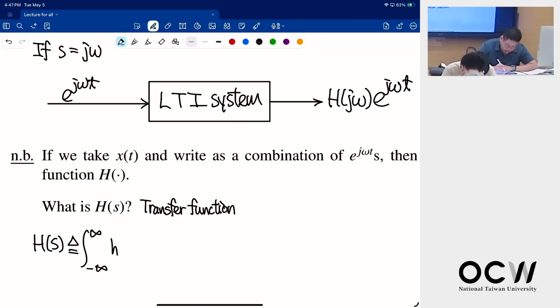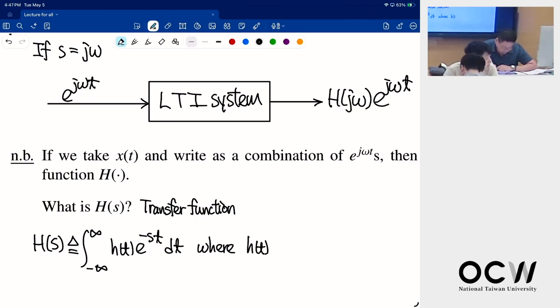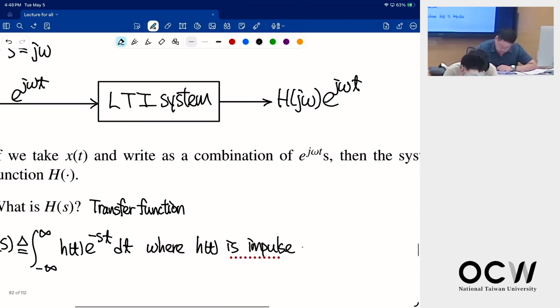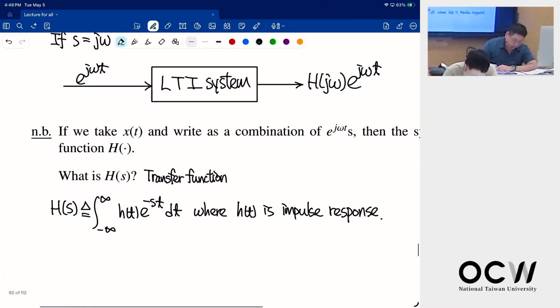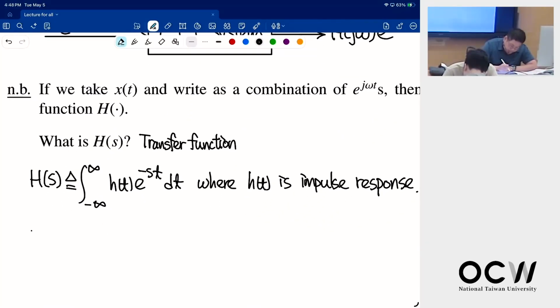We define that the transfer function is here. The H, the lowercase h, is the impulse response. And then if my s is just the imaginary part, j omega, then we get H of omega, which is just the Fourier transform.